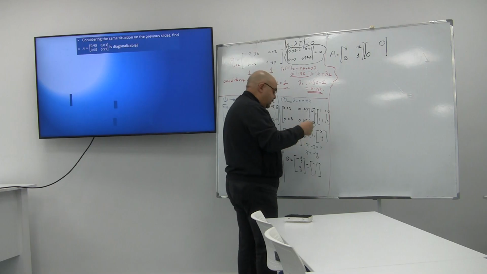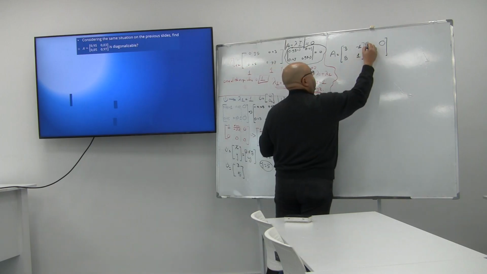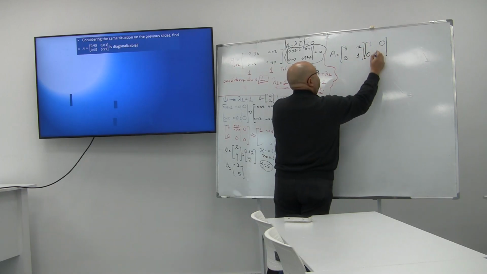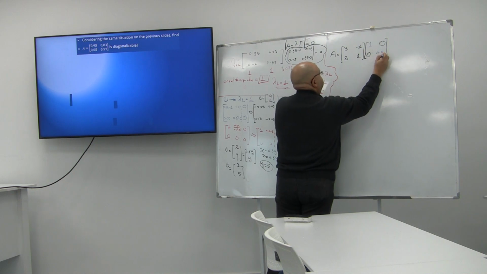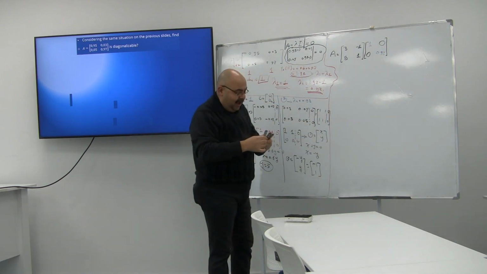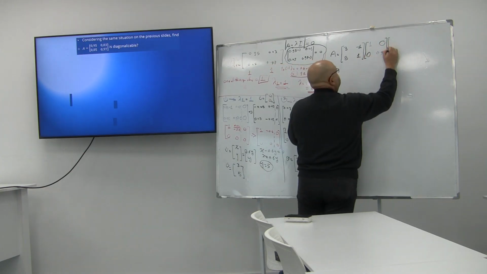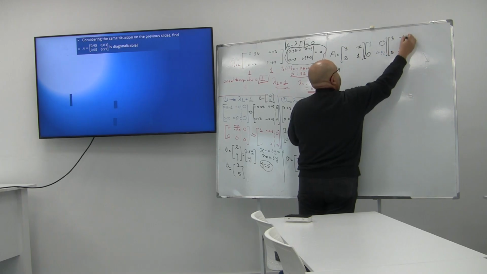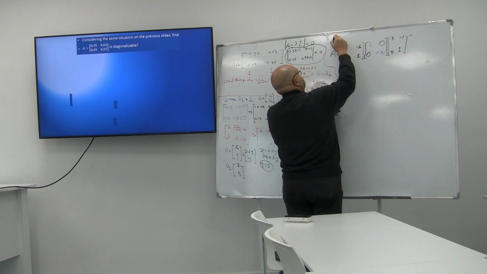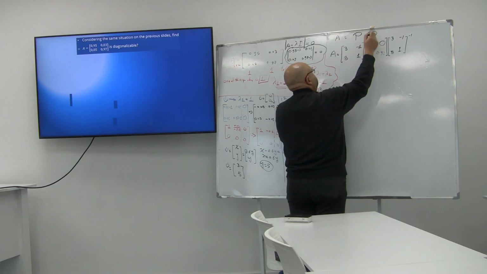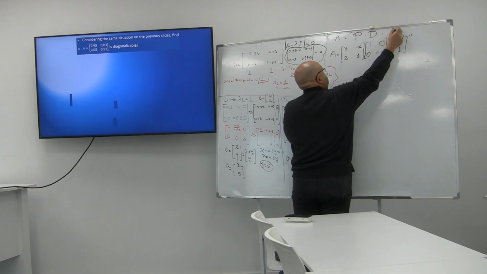In my case, the eigenvalues are simply 1 and 0.92. And you will have the P inverse matrix, which is 3, 5, negative 1, positive 1, to the power of minus 1. Because now I have A equal to P times D times P inverse.